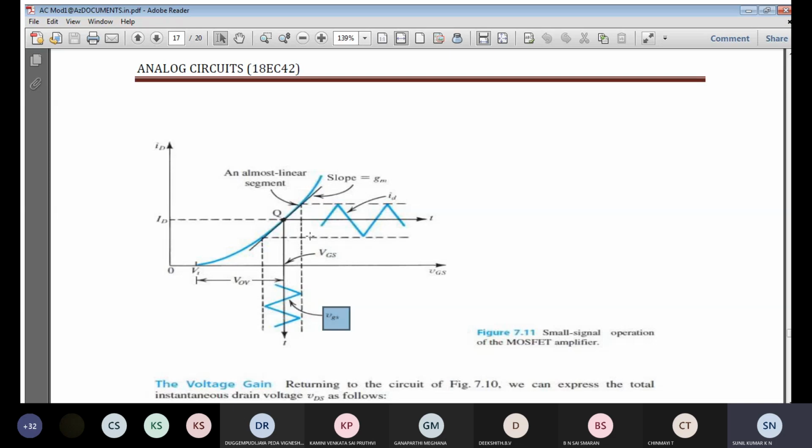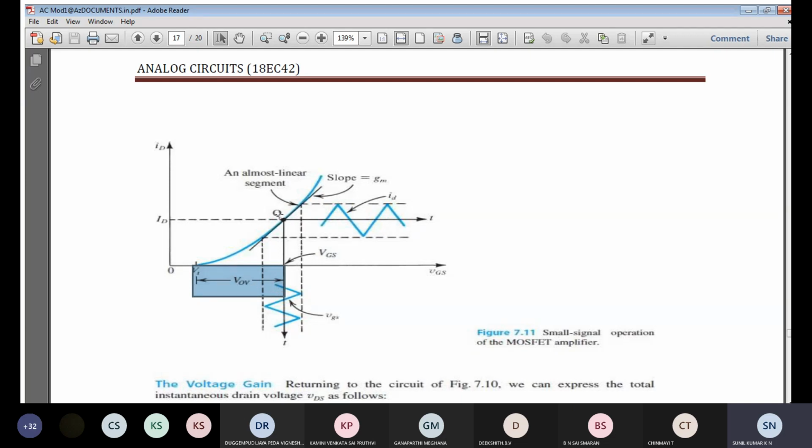So this is the signal current, this is the signal gate to source voltage, and this is the DC gate to source voltage. And with respect to the DC gate voltage and the threshold voltage, you can see the difference. That is the overdrive voltage, VGS minus VT. This is a DC voltage, the overdrive voltage, or you can also call it the effective gate to source voltage, VGS minus VT.